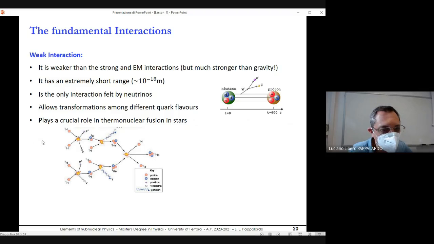But the first step of this chain, where 2 protons merge into a deuterium nucleus, can only occur through the weak interaction. So the weak interaction is weak, with a very small range, but without it, the sun would not burn. We would not be here to discuss this.